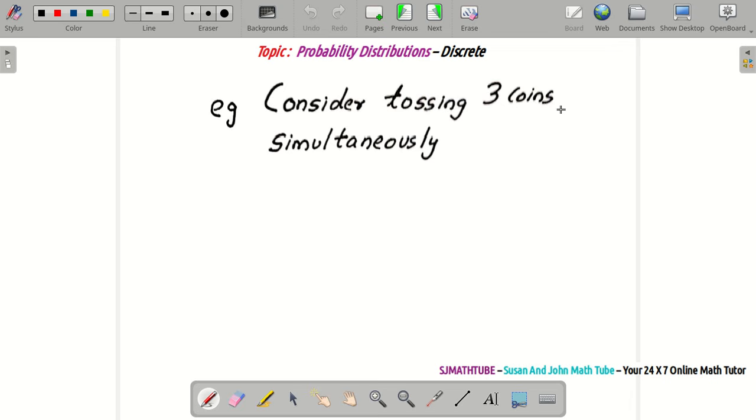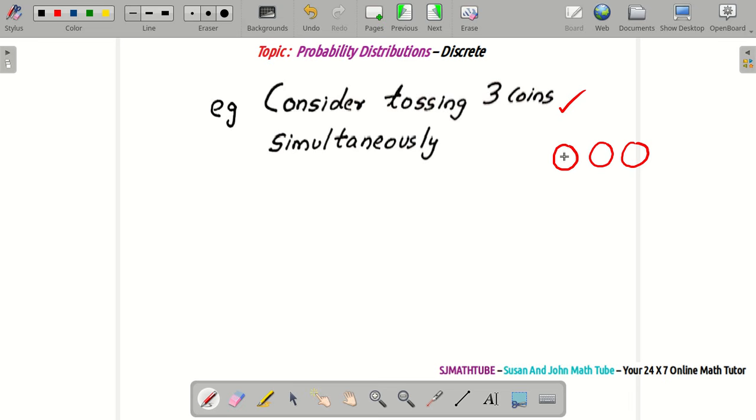Okay, so are you ready with your pen and paper? Tell me, what will happen if you toss three coins simultaneously? What are the possibilities? Think about it. Don't tell me the coin is going to stand and you'll get both head and tail.